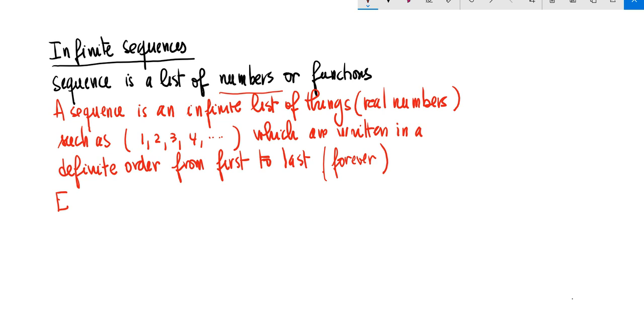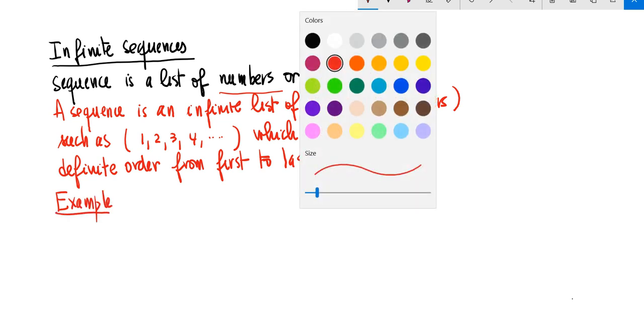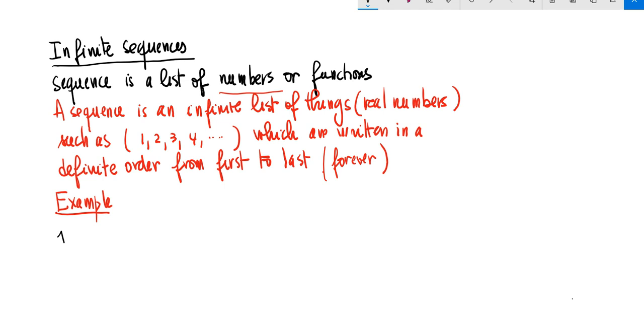So as an example, one half, 1/3, 1/4, 1/5, 1/6, 1/7, and so on.